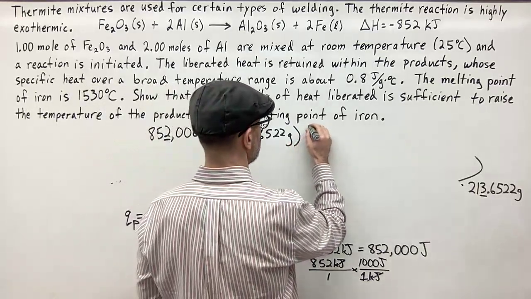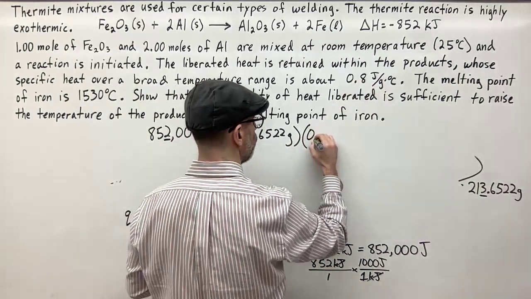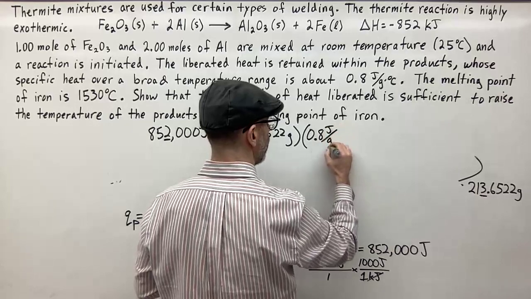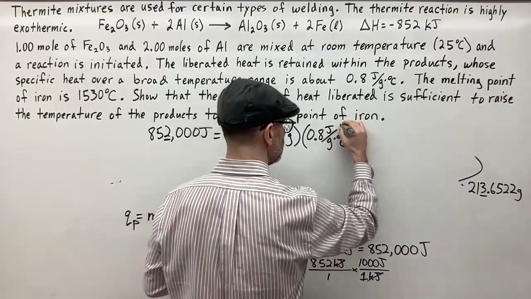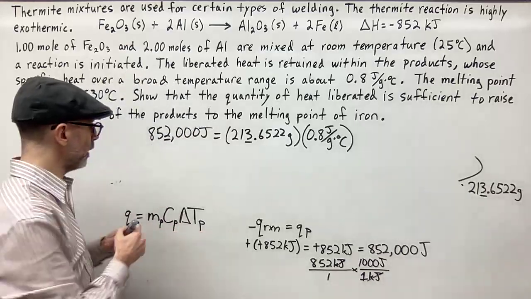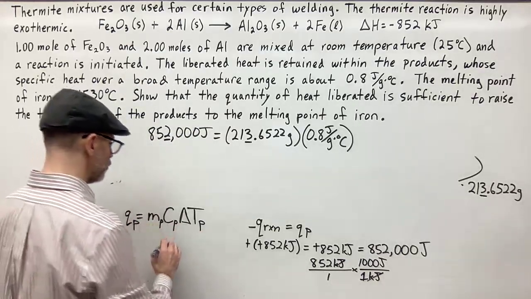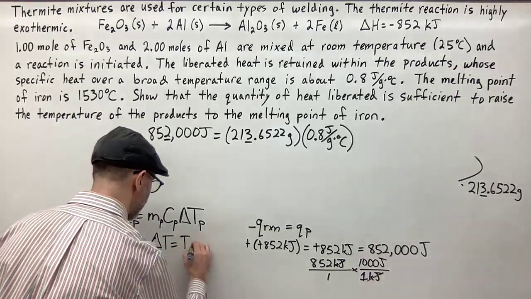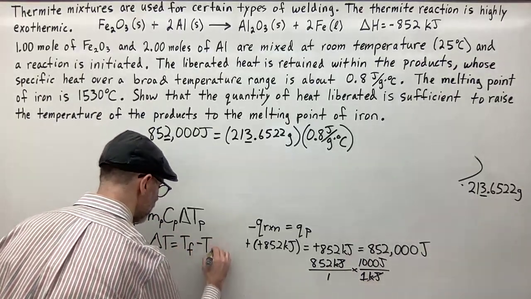And then the specific heat is 0.8 joules per gram degrees Celsius. And that's equal to the temperature change. But remember, temperature change is equal to final temperature minus the initial temperature.